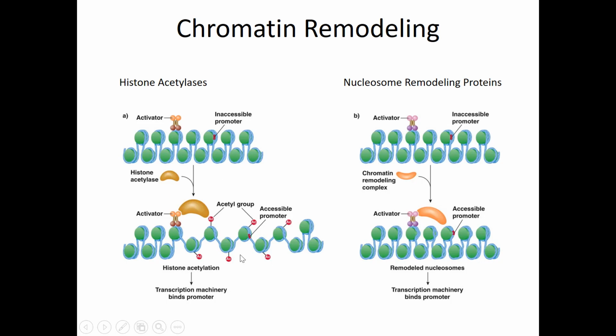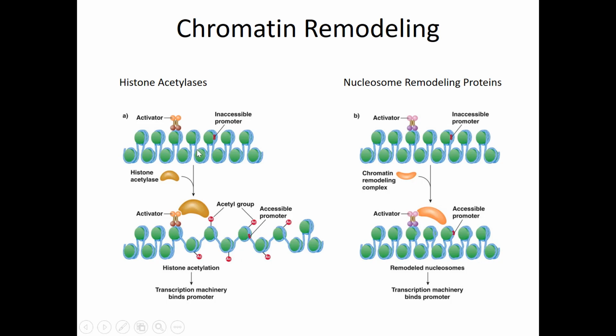Now, that's not to say that you can't deacetylate these, because you absolutely can, and we even talk about that in a little bit, that you can shut down the transcription of a particular gene by deacetylating the histones where that gene is located in the chromosome.